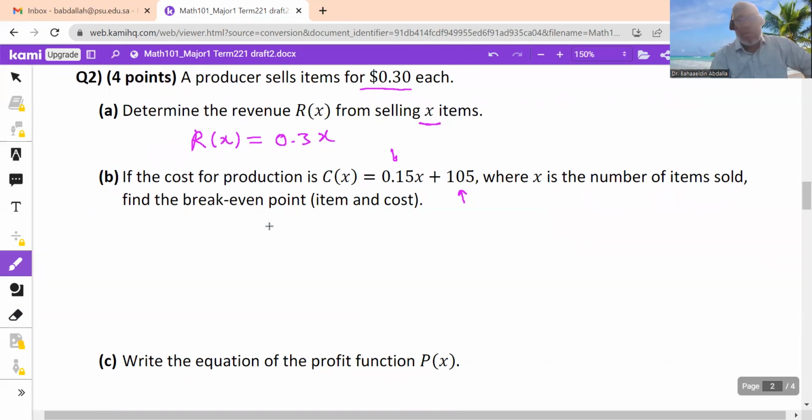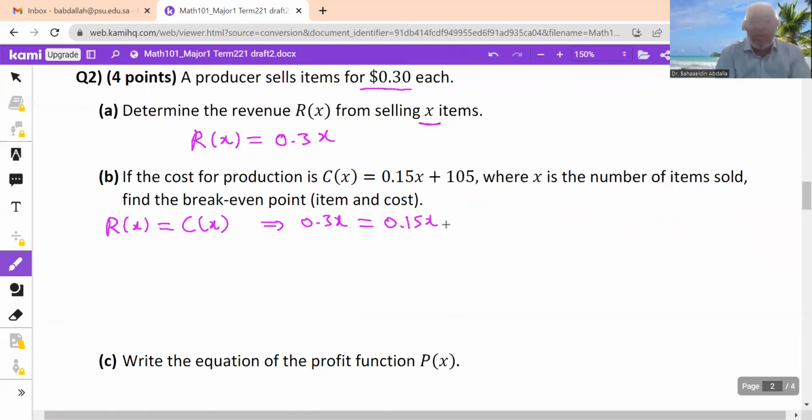Find the break-even point, items and cost. Well, the break-even point is always the intersection of the revenue and the cost. So we have revenue 0.3x equals the cost, which is 0.15x plus 105, and we need to solve this equation.